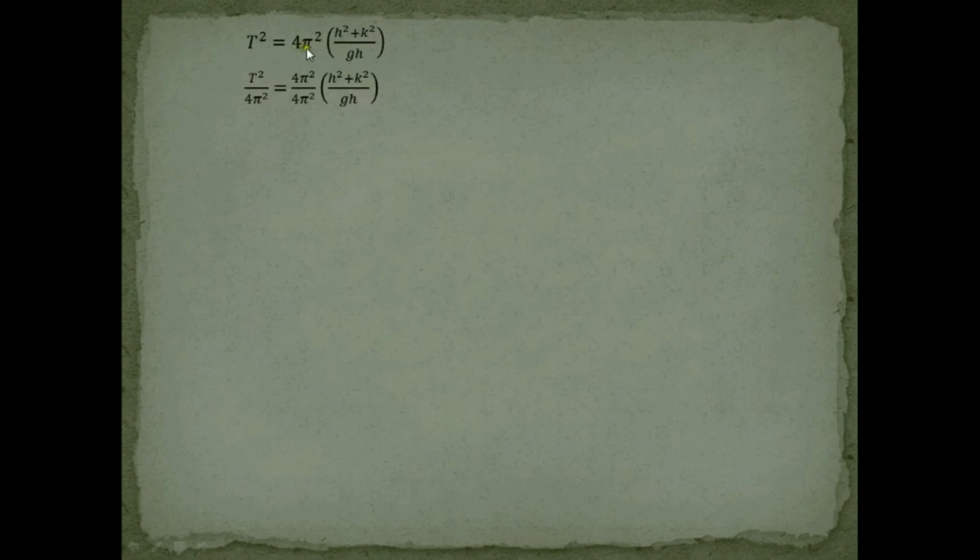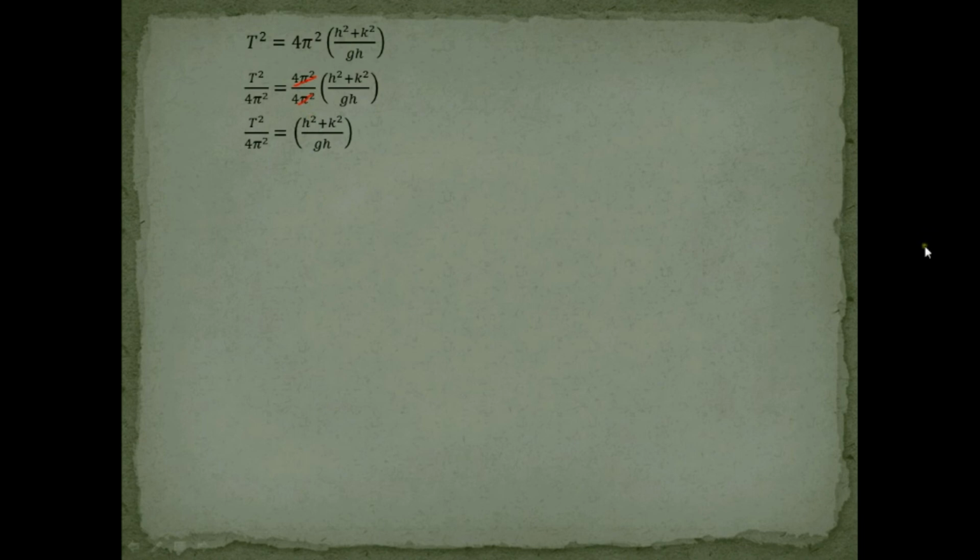So dividing both sides by 4 pi squared will leave the x alone. That means this is going to cancel out this, and then we have this alone. So therefore T squared over 4 pi squared is going to be equal to everything right here.